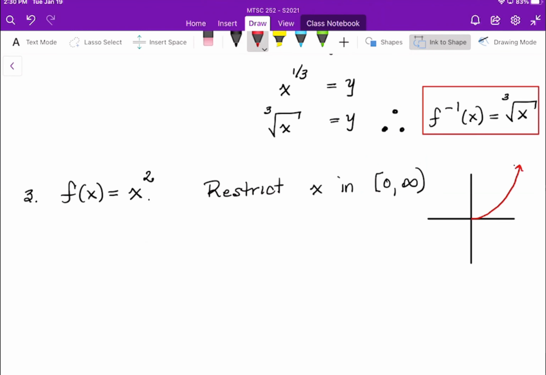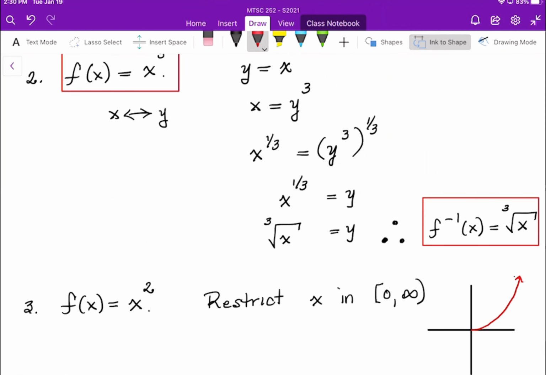So that piece of the function, oh, I meant to draw the cube root. I meant to go, let me go back. So this was x cubed, and the cube root of x looks like that.